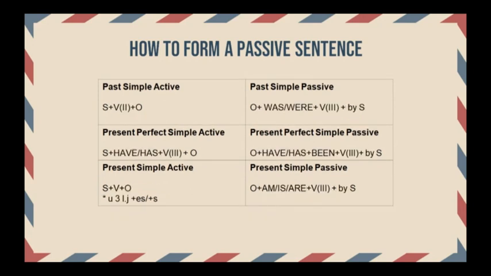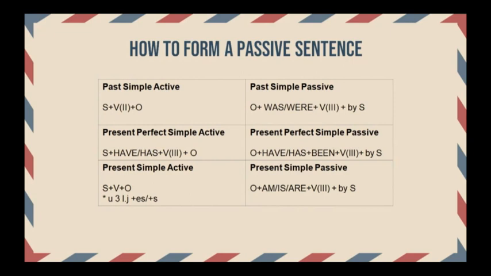If you want to see that as a formula, past simple active is subject plus verb in the second column plus object, or past simple passive, we have first the object, then was or were, plus the verb in the third column, plus by subject.